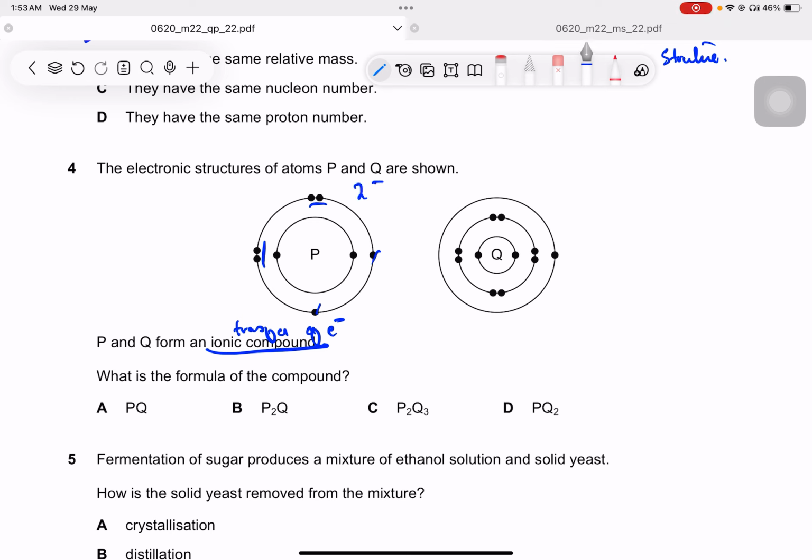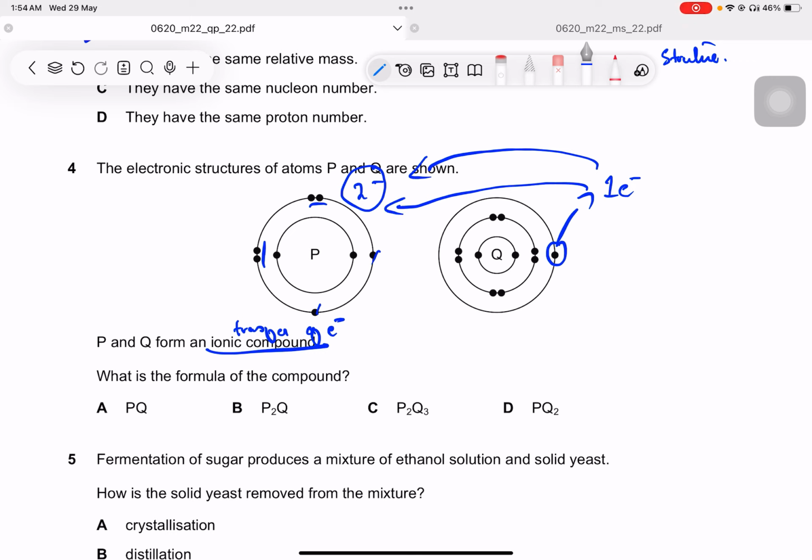Now, as for Q, Q has one electron in its outer shell, which means that it is in group 1, indicating that it needs to lose one electron in order to gain a stable electronic configuration. So this will lose one electron, and this needs a total of two electrons. One electron will be given from one atom of Q, and we will need two atoms of Q so that we can neutralize the charges.